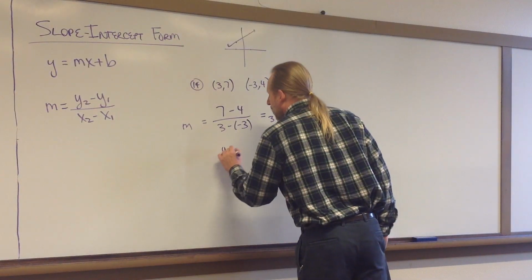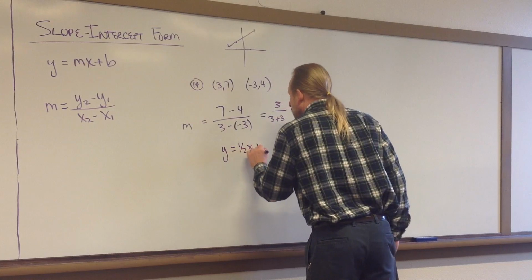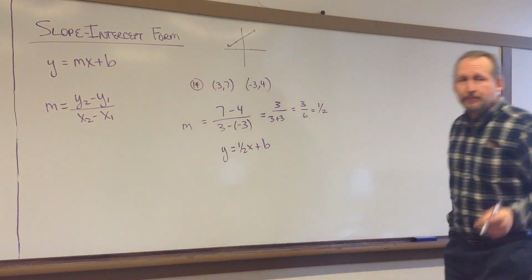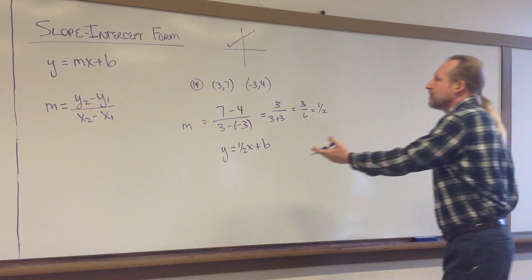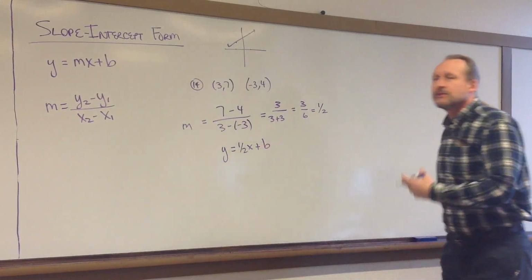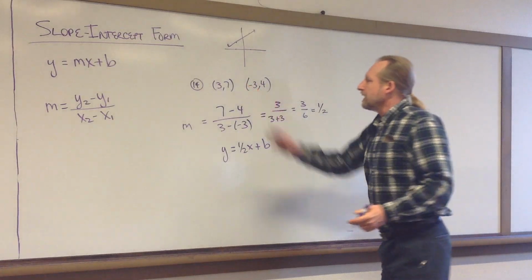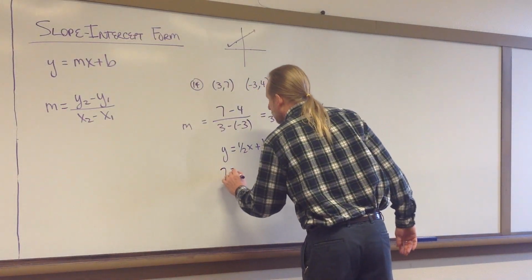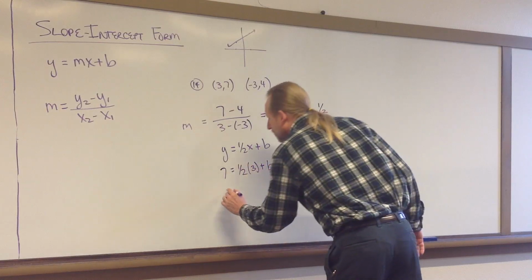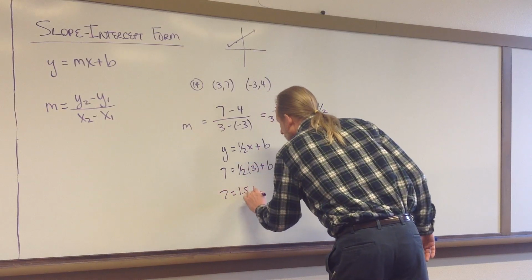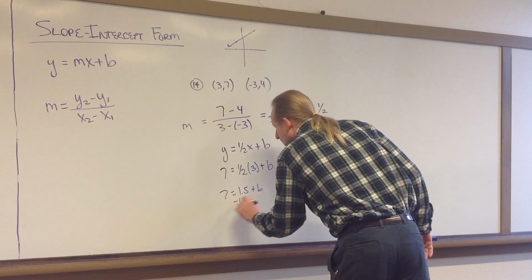Okay, so now we're at the stage where we can do what we were doing in the top half of the page. We've got the slope, so we know the equation is going to be y equals 1/2 x plus something. So let's plug in these 2 points. Let's see, 7 for the y, 3 for the x. So that's 1.5 plus b.